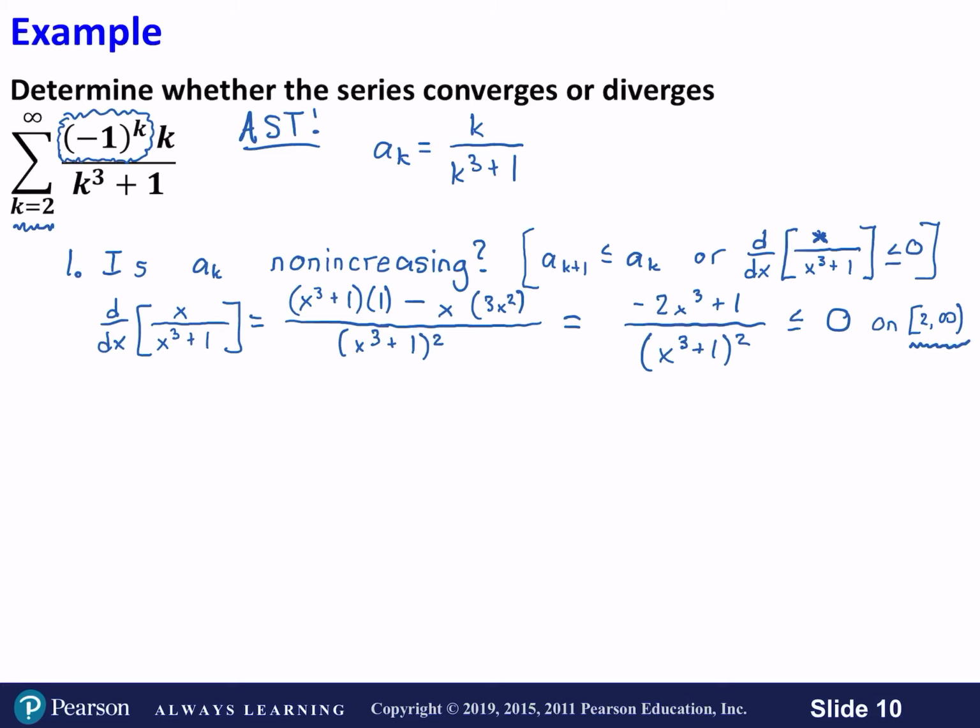And indeed, this is true, because if you were to throw in a 2 right there, then you would get negative 16 plus 1 as a numerator, and that's just negative 15, so that's negative. And for any larger value of x, it would be even more negative, which indicates that this will be a negative value for any x between 2 and infinity. All right, and so this is indeed non-increasing, as we desired.